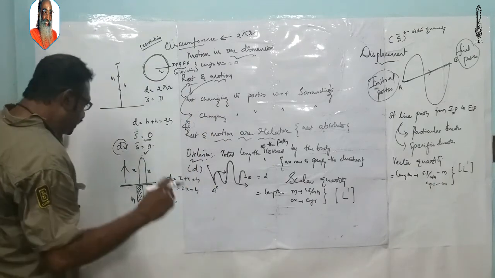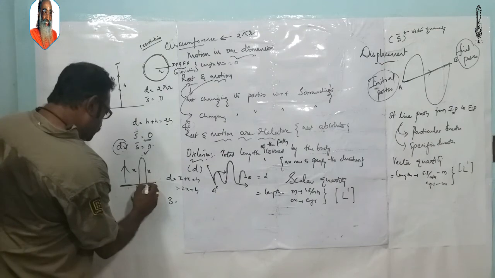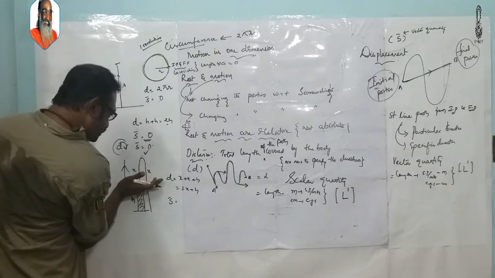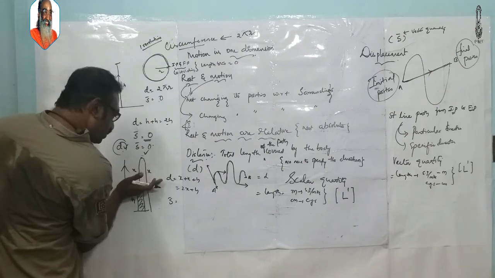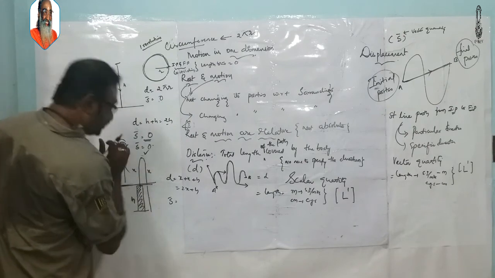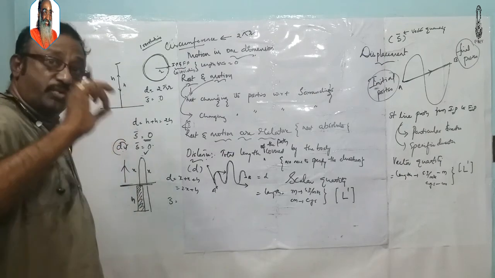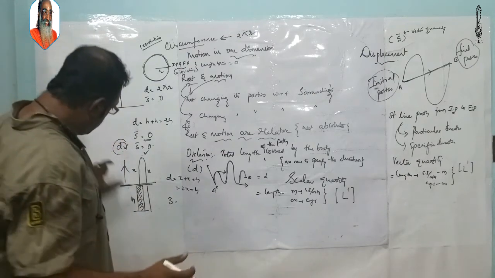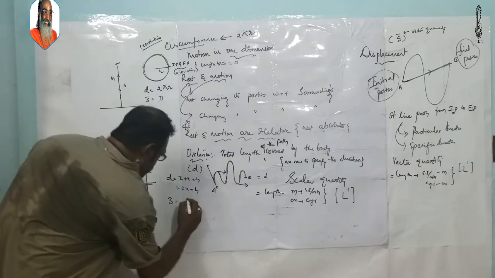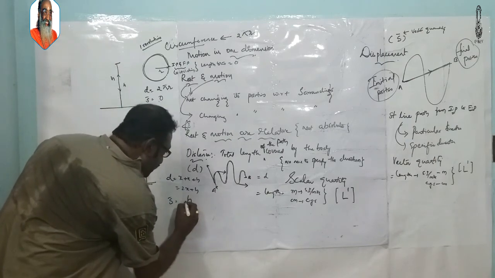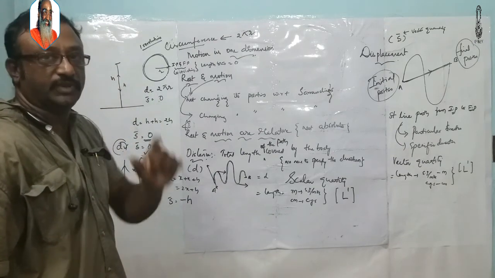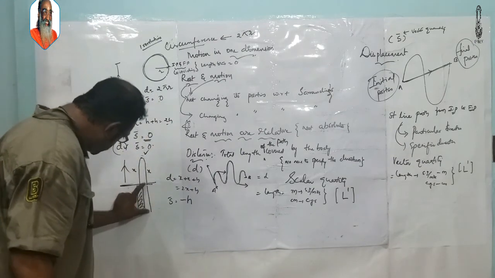From here to here it is x and x, so up to here the displacement is 0. But it is traveling in the opposite direction by height h. Now the magnitude of this is h, but it is moving in the opposite direction, so minus h. The magnitude of the displacement is h.